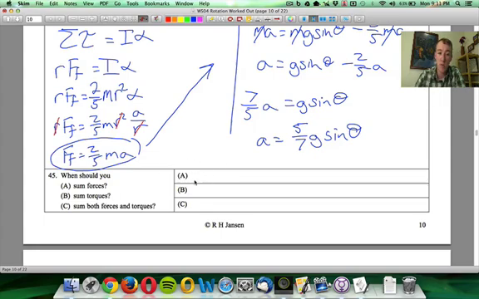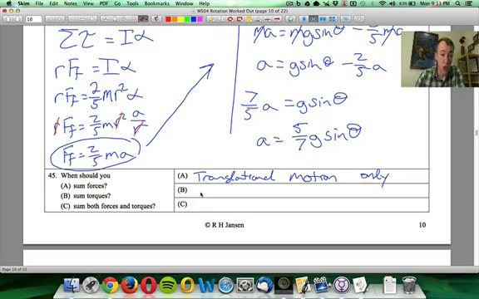Well, you're going to sum up the forces whenever there is translational motion. So we're only talking about rotational dynamics. If it's in static equilibrium, sum of the forces is 0, sum of the torques is 0. If it's moving, if there's dynamics about it, not static equilibrium, you're going to sum the forces when you have translational motion only.